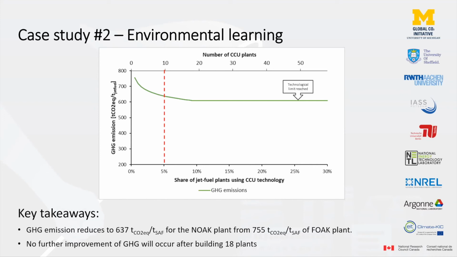And we consider different elements and learning curves, the overall learning curve. When it is applied here, from the very first-of-a-kind plant at around 750 tons of CO2 per ton of jet fuel, it reduced after 18 plants to just over 600. So that is one way to apply a learning curve while calculating potential environmental impacts.